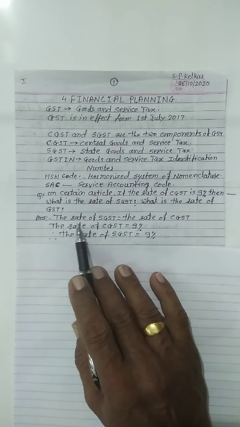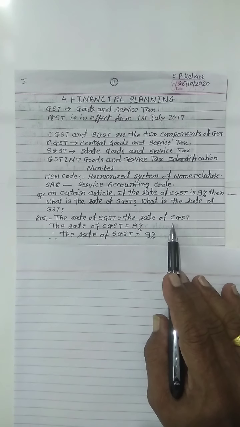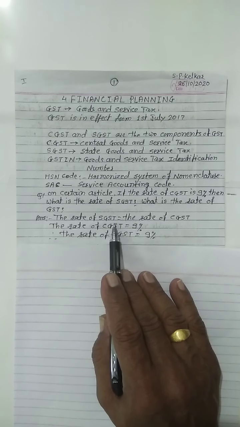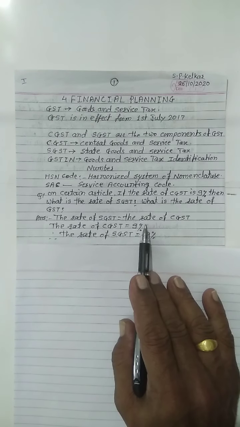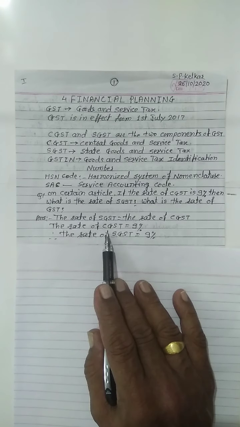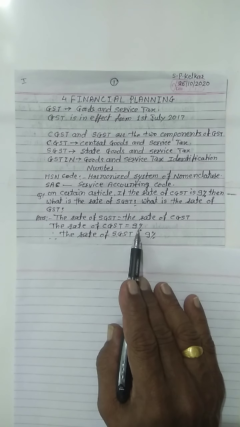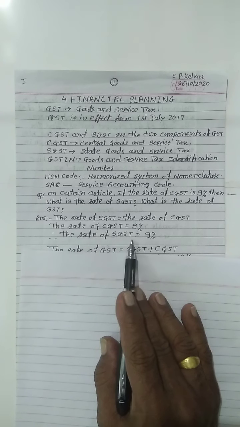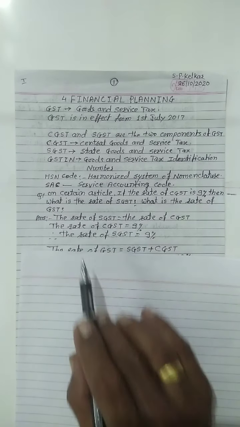The answer is that the rate of SGST equals the rate of CGST, which means the state government GST and central government GST are the same. CGST is given as 9%, so we write the rate of SGST equal to 9%.